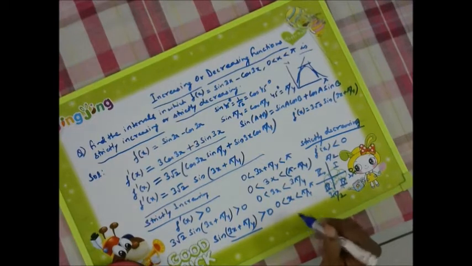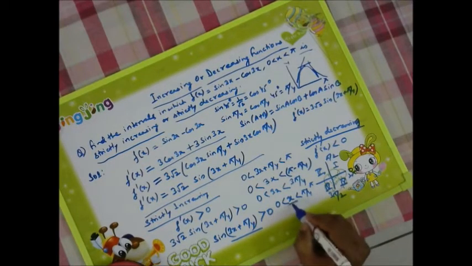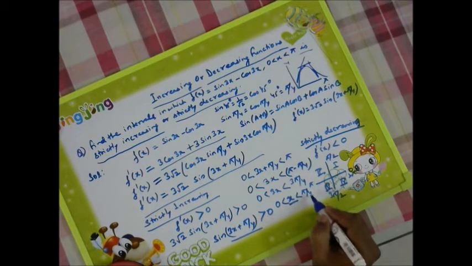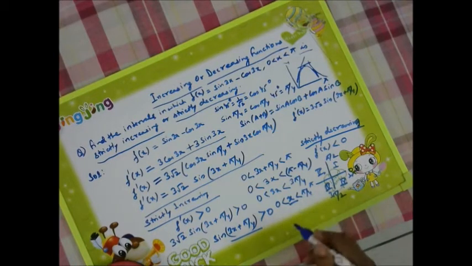So this x should be between 0 and pi by 4. This is one interval, 0 to pi by 4.